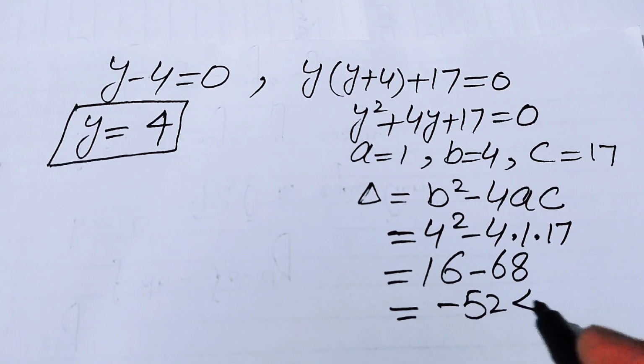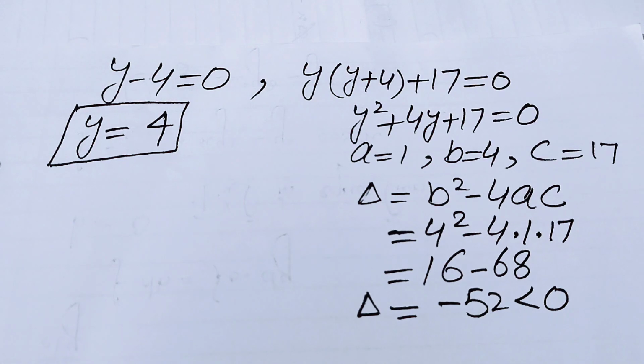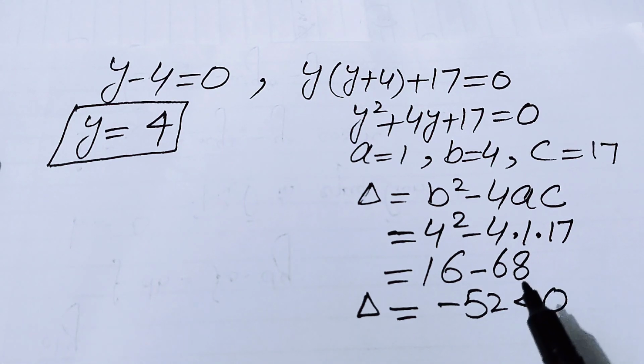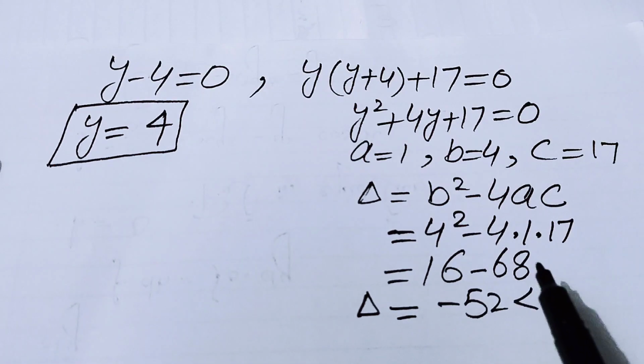So you see that our discriminant delta is less than 0. If delta is less than 0, it means that this quadratic equation has no real root.